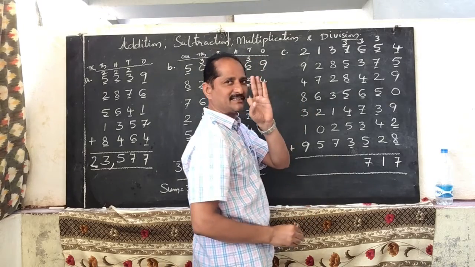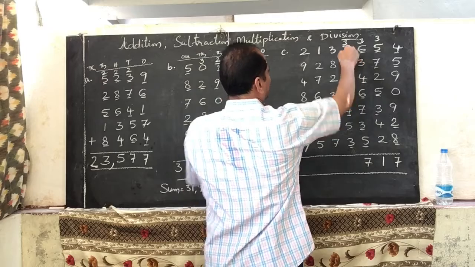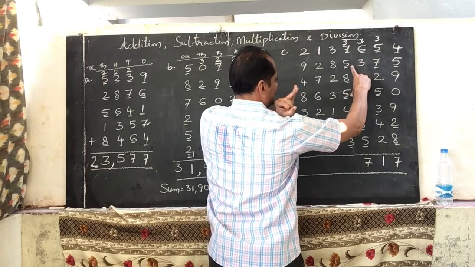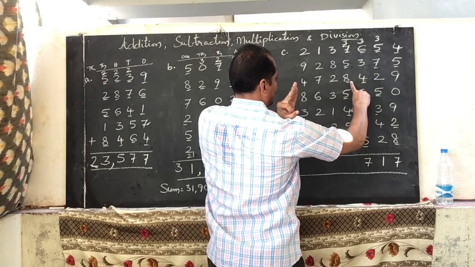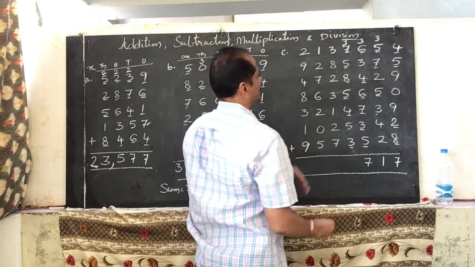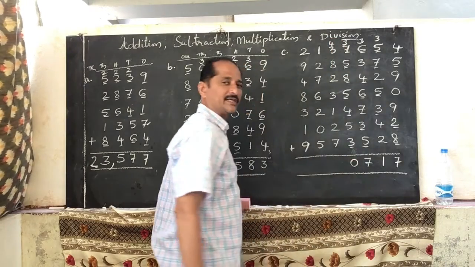So 3 tens plus 10, 4 tens. So totally 4 tens are there. 4 tens is 40. 8 plus 2, 4 tens. So 40 is the sum. So 4 plus 0.